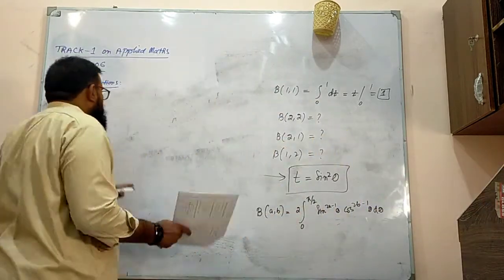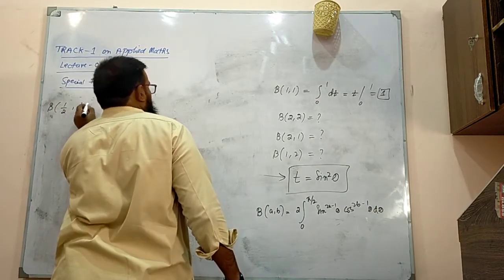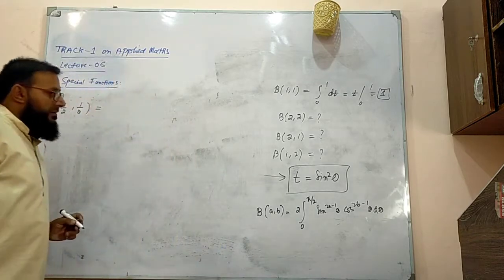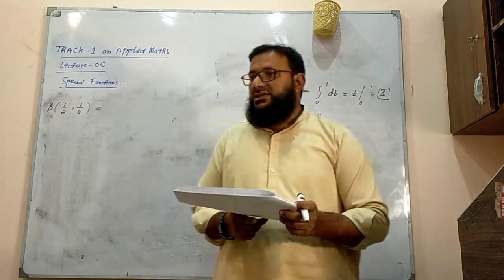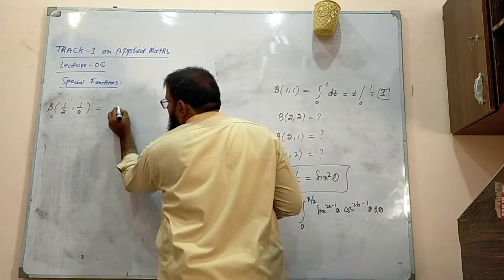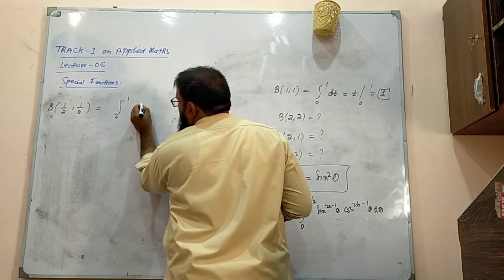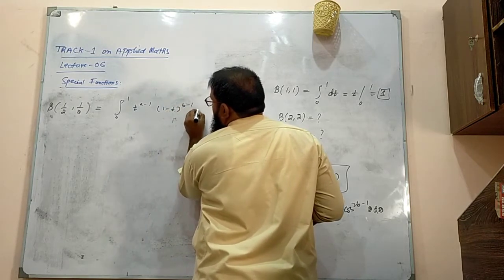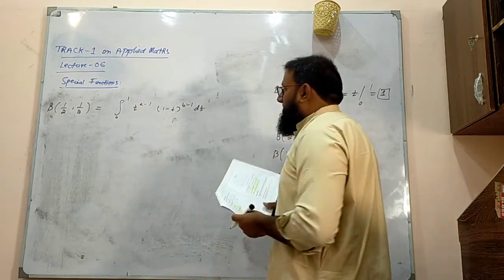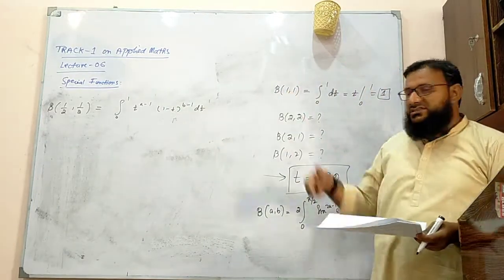The question is how to evaluate this thing, beta of 1/2 and 1/2. Beta of 1/2, 1/2. You have the standard definition. In that one, we are putting a is equal to 1/2. And what is the standard definition? Integral 0 to 1 t power a minus 1 and 1 minus t power b minus 1 dt. Are you okay up to here? Because we know very well this is the definition.